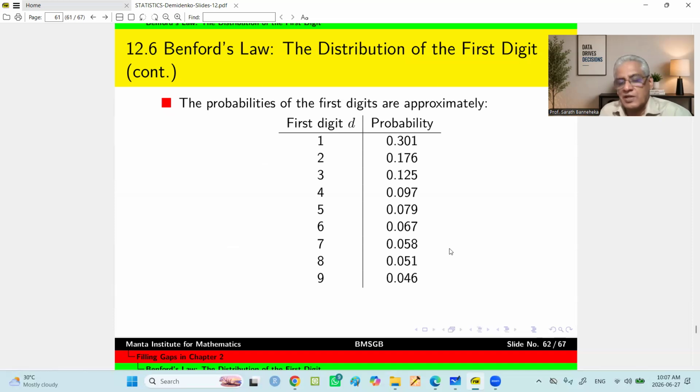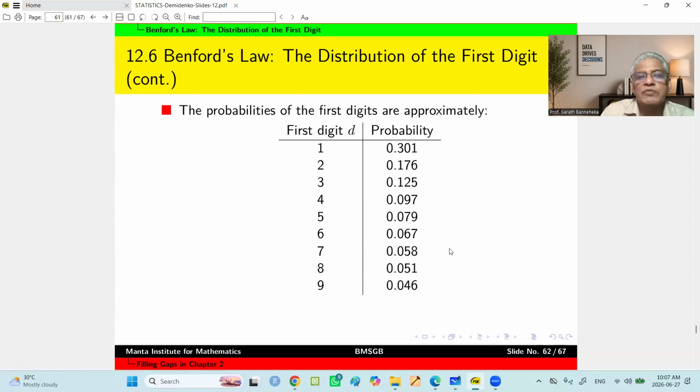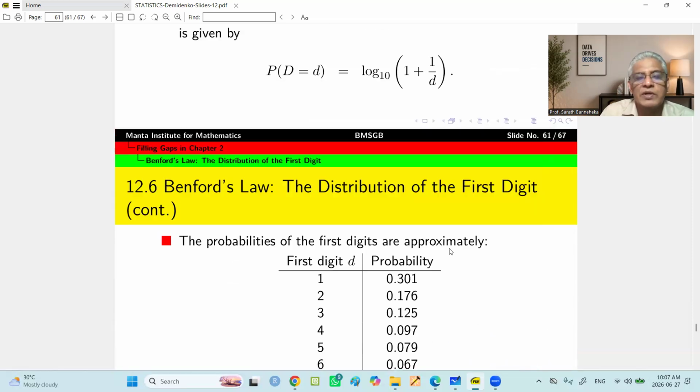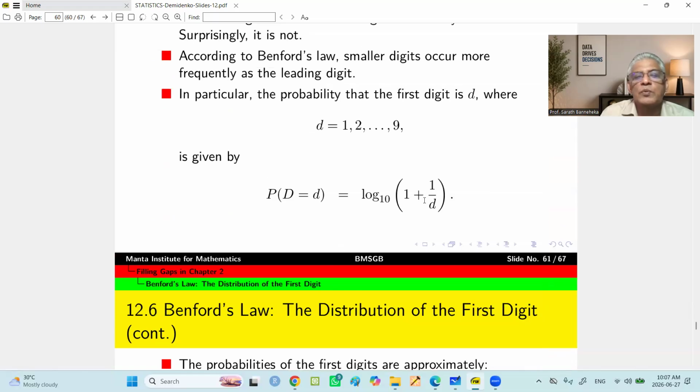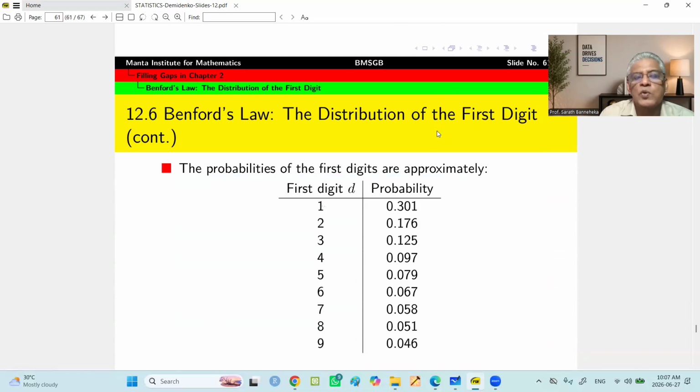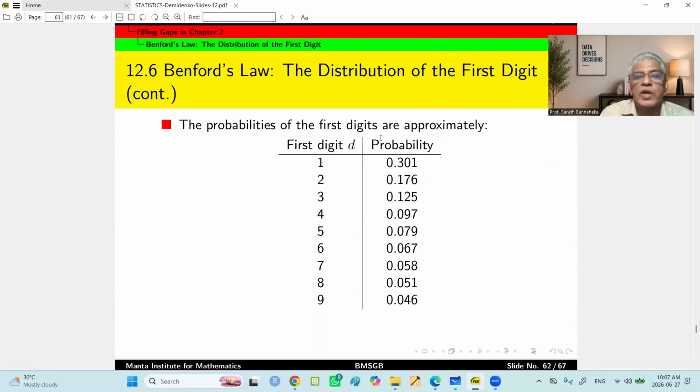This table shows the values that you get if you apply this formula for these d values. These are the actual probabilities that you can get. Looking at the probabilities, you can see that starting with 0.3, it goes down to 0.046.